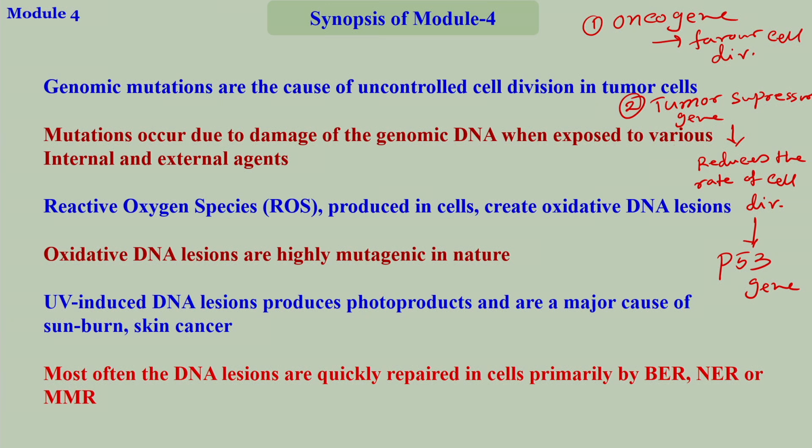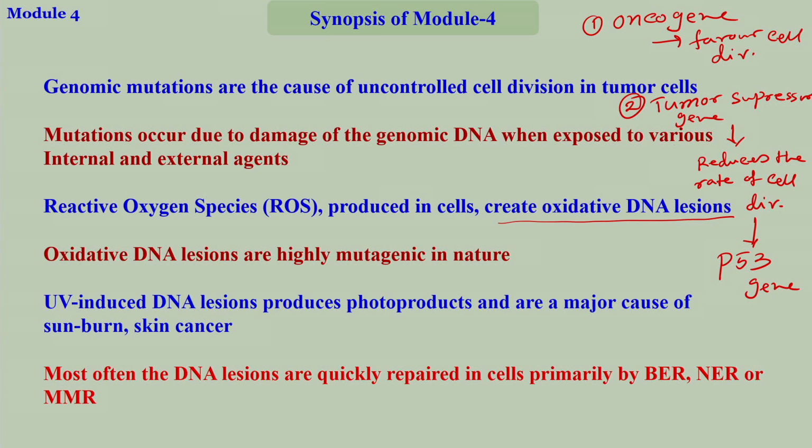Reactive oxygen species, for example, the peroxide radicals, superoxide radicals, hydroxyl radicals, are highly reactive in nature. So, they are responsible for oxidative DNA lesions. Oxidative DNA lesions are highly mutagenic in nature. You have seen how 8-oxoguanine, because of its structural property, has totally changed its base pairing ability, and therefore the capacity of inducing mutations is high.